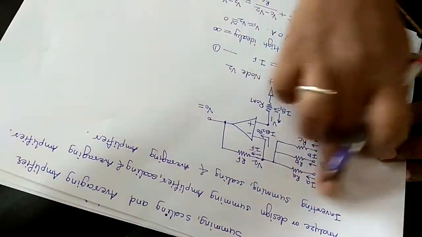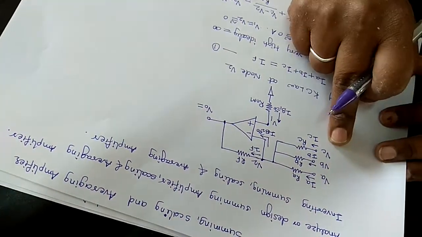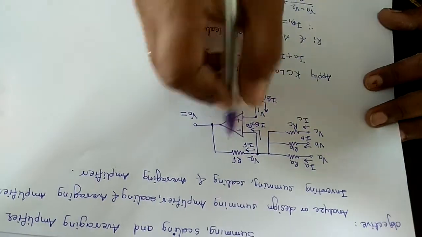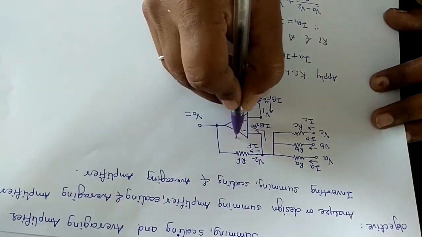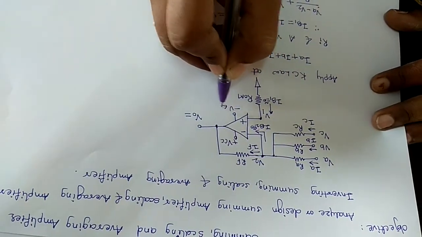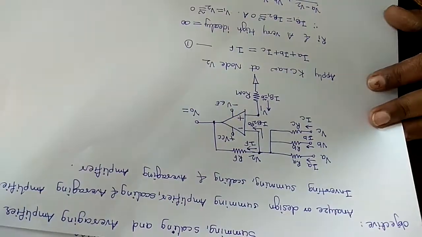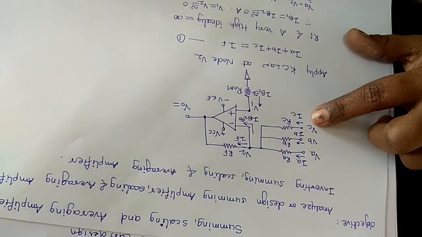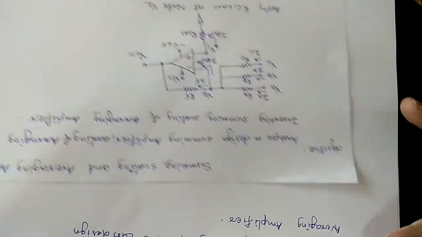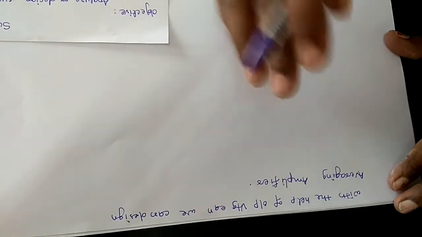The circuit we have here is the same circuit, with three inputs, three resistors in series with the input voltage sources, and feedback resistor RF. One thing we have to provide is plus VCC and minus VEE here. So the same circuit can behave as an averaging amplifier, and we have to design it for that condition.